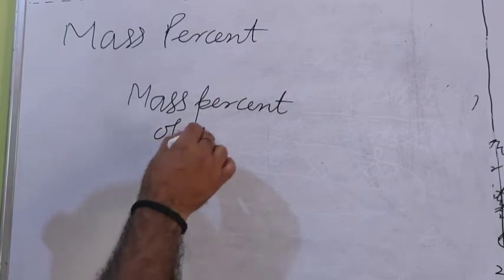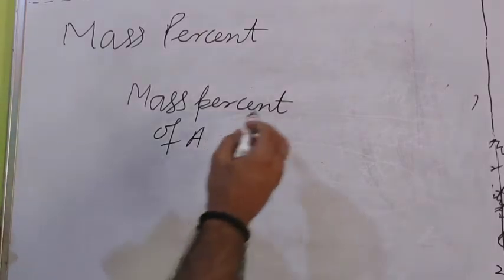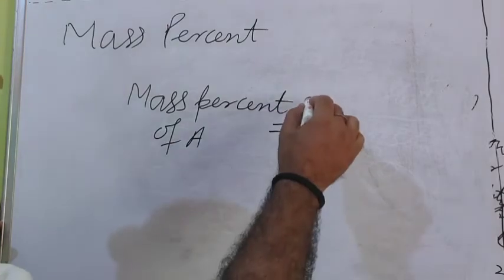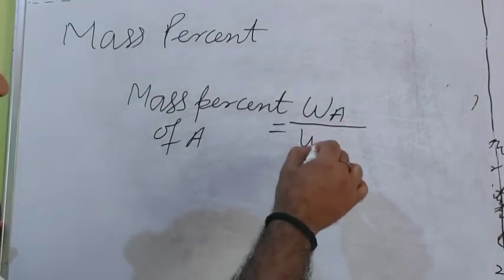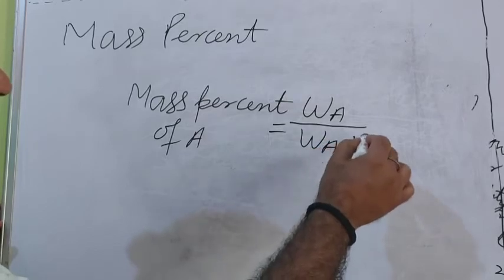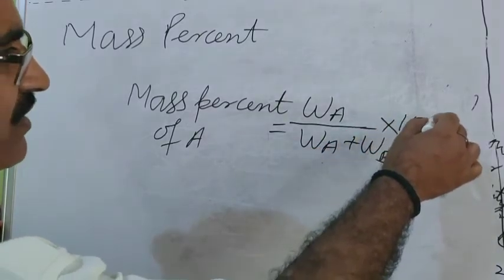Suppose the solution is a binary solution, which contains two components, component A and component B. If you want to find the mass percent of A, then mass percent of A equals WA upon WA plus WB into 100.